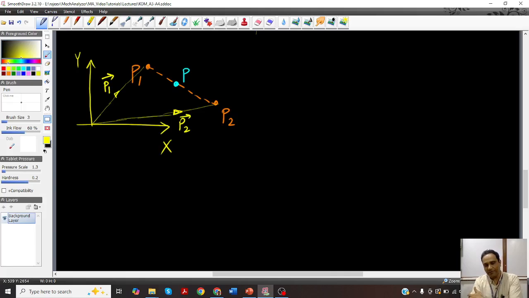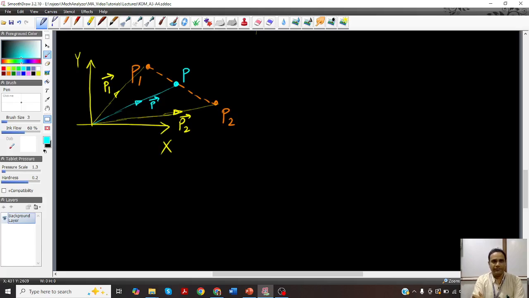Capital P2 is the point, small p2 is the position vector till that point. Now, this vector connecting to the intermediate point P will be given like this. If I know the value of p1 vector and p2 vector, we should be able to locate any point on this line segment.